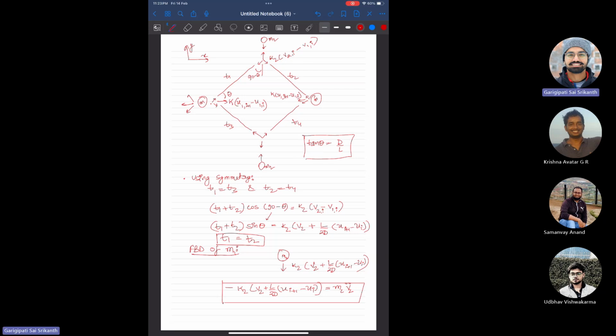And we know that T1 and T3 are same. So essentially all the T's are same. So the conclusion is T1 equal to T4 is equal to T. Yeah, we had missed this.